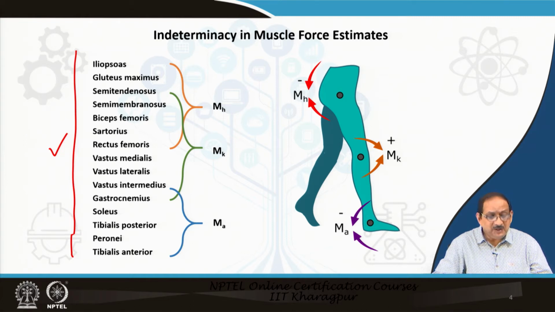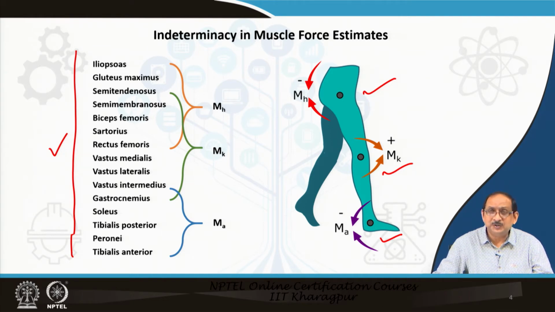About 15 major muscles contribute towards the moments of forces at the ankle joint, the knee joint and the hip joint.